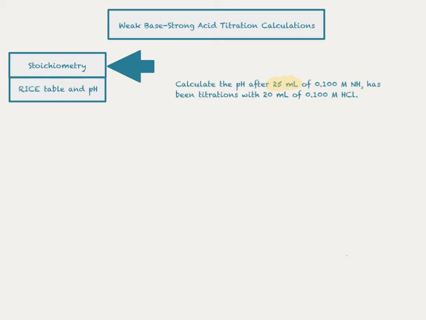Now that we know what species are left over in the beaker, namely ammonia and its conjugate acid, ammonium ion, I can set up my reaction for a rice table. Before writing a reaction, I consider which one of my species is a better acid or base. So when I look up the values for the ammonia species or the ammonium ion species, I compare their Ks.